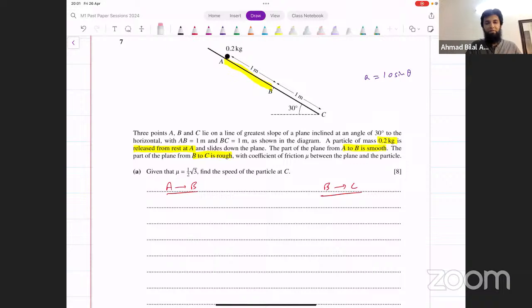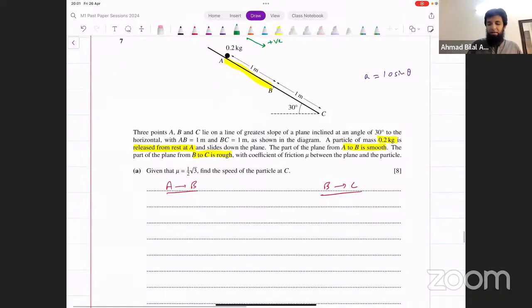The particle is moving down the plane, and this is also acting down the plane. If we take this direction as positive, acceleration is going to be 10 sine theta.